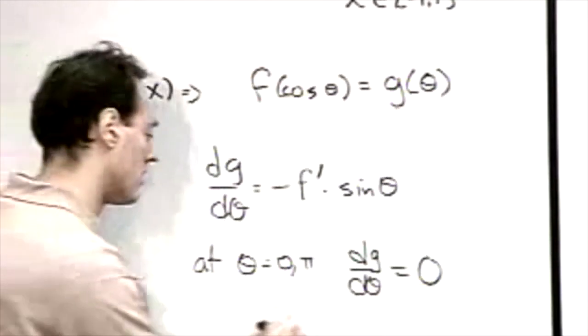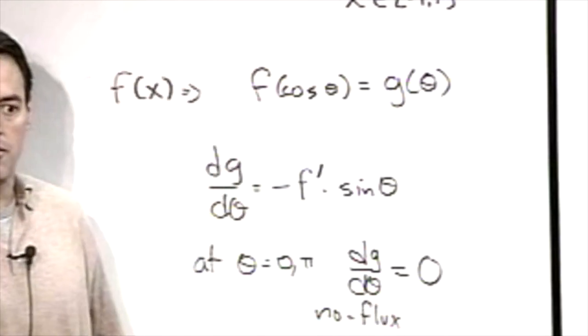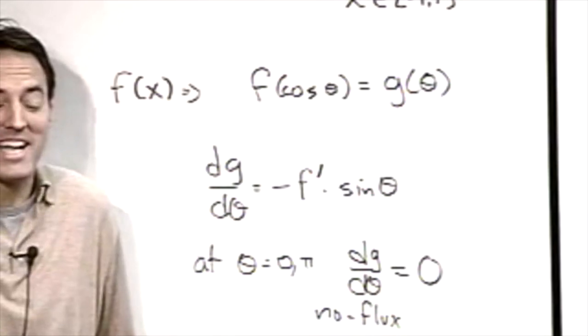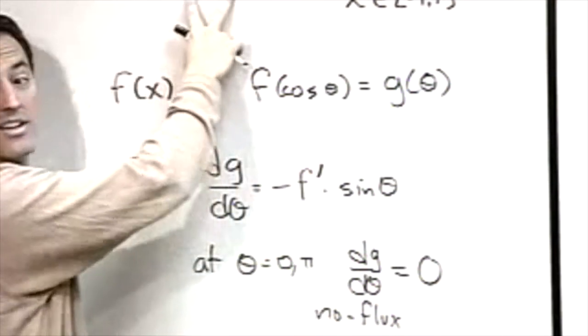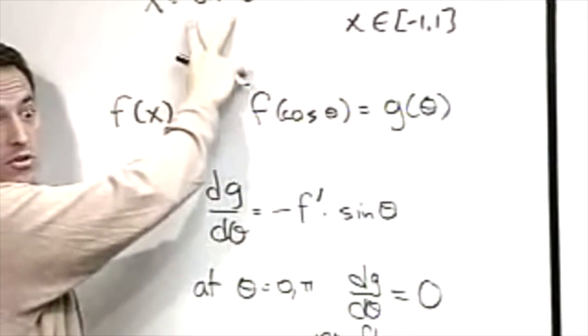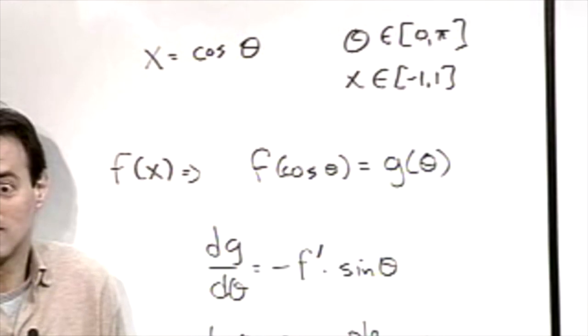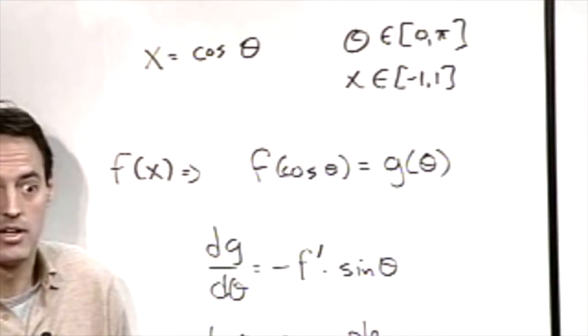So no flux boundary conditions. And then all of a sudden the light goes on in your head: I get it, because, look, no flux boundary conditions, and there's this cosine transformation over here. So can't I just use a discrete cosine transform to solve this, once you make this change of variables? And indeed you can.